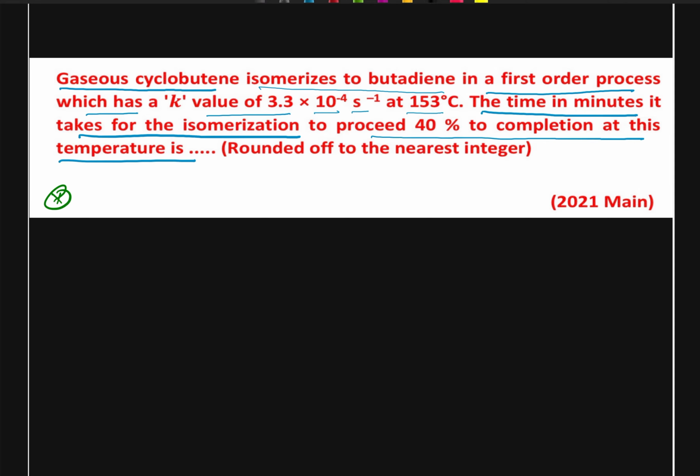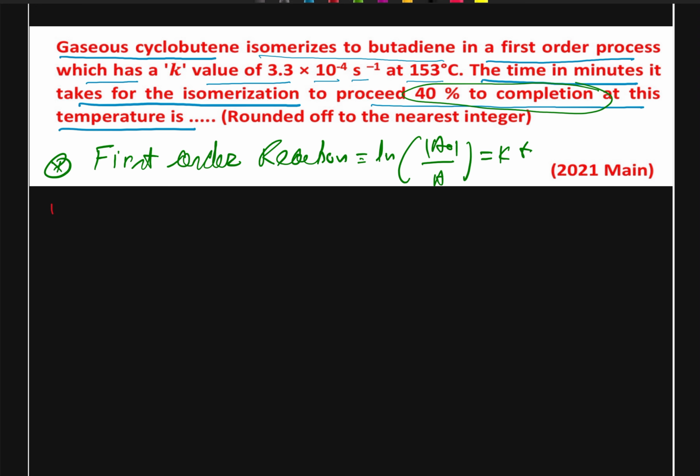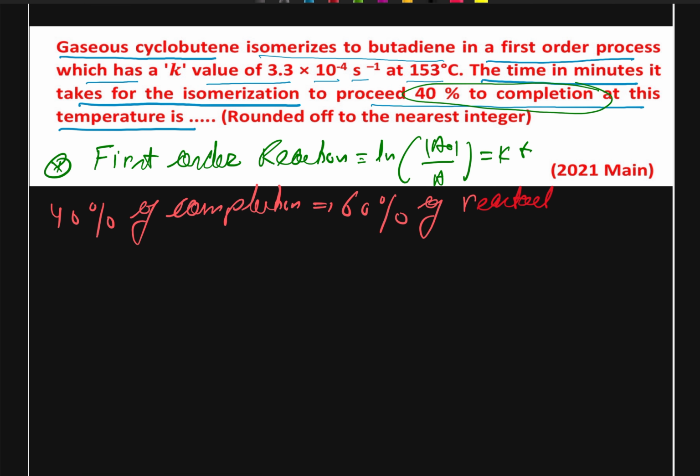So we know that for a first order reaction, it is given as natural log of A naught divided by A, which is equal to K times T. It says that there is 40% completion, so it means 60% of reactants remain.